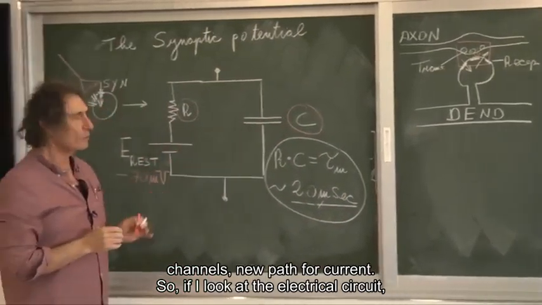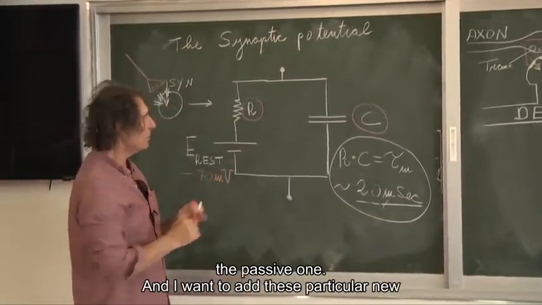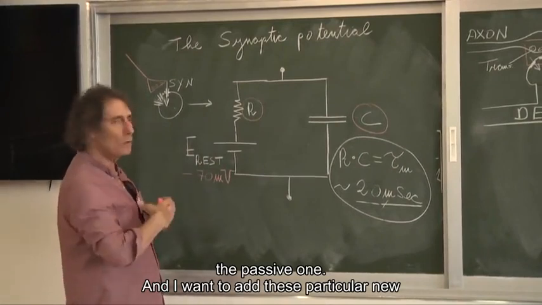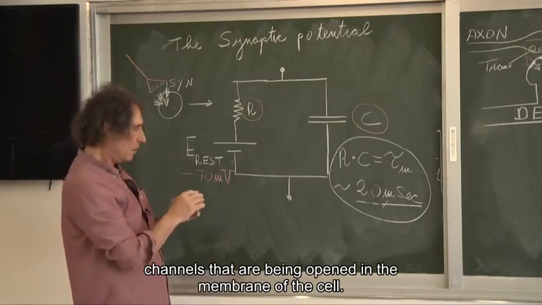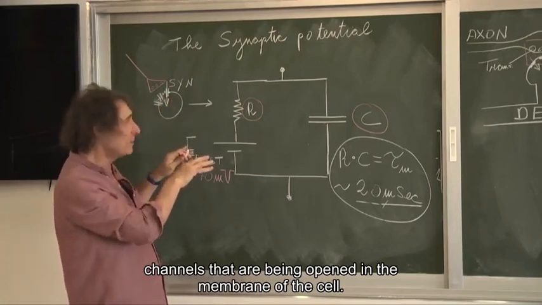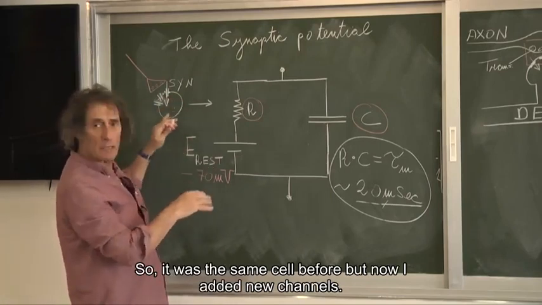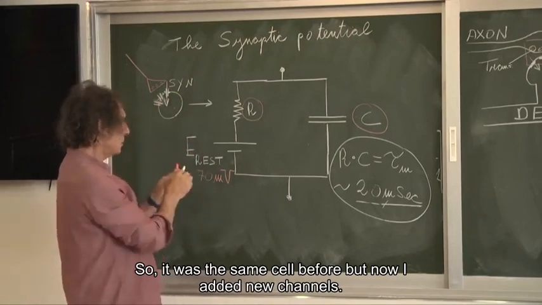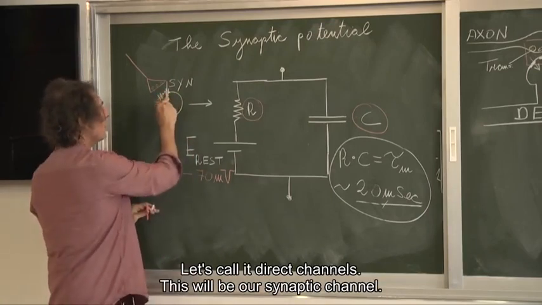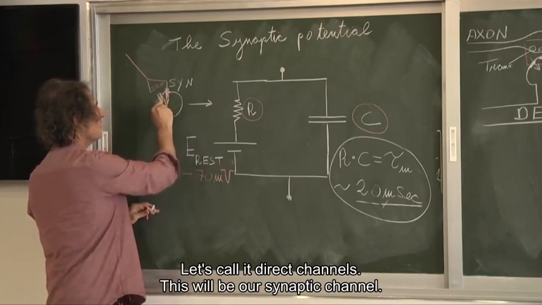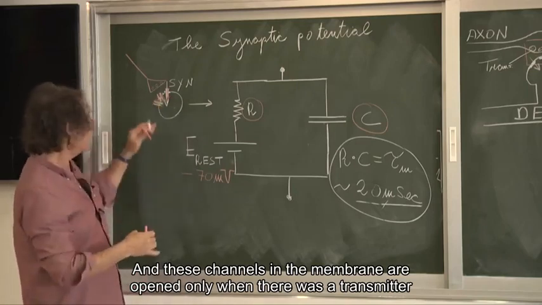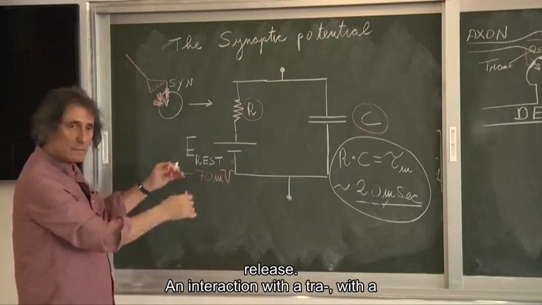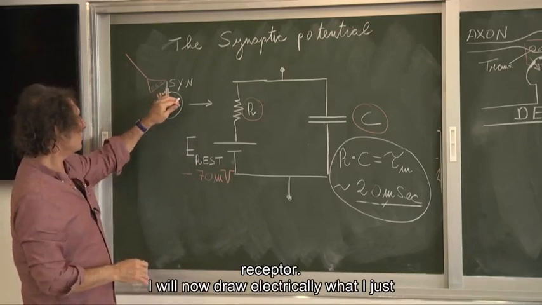So if I look at the electrical circuit, the passive one, I want to add these particular new channels that are being opened in the membrane of the cell. So it was the same cell before, but now I added new channels. Let's call them the red channels. This will be our synaptic channels. And these channels in the membrane are open only when there was a transmitter release and interaction with the receptor.